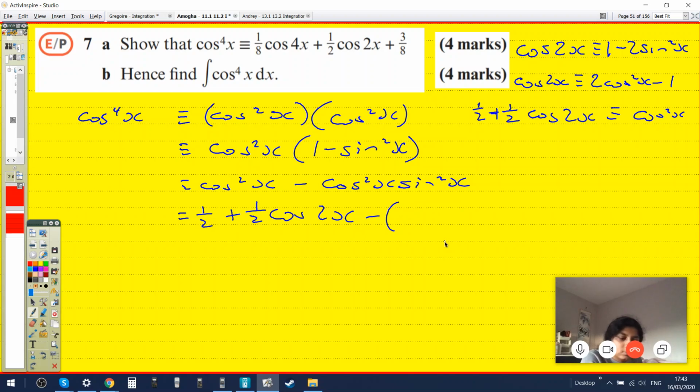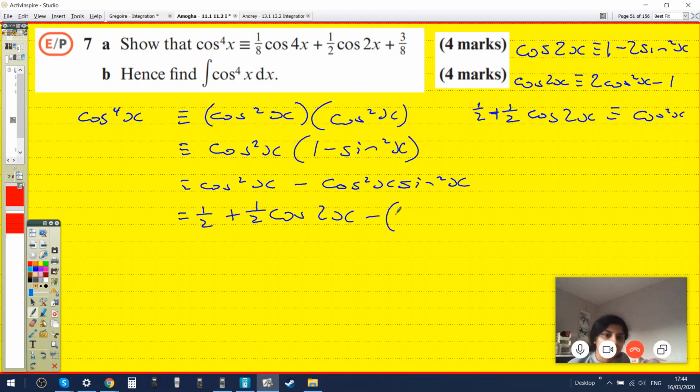I like that. You have to end up with cos 4x though. That is true. Is there a cos 2x? You wouldn't even have half cos 2x because it looks like they're going to cancel out.